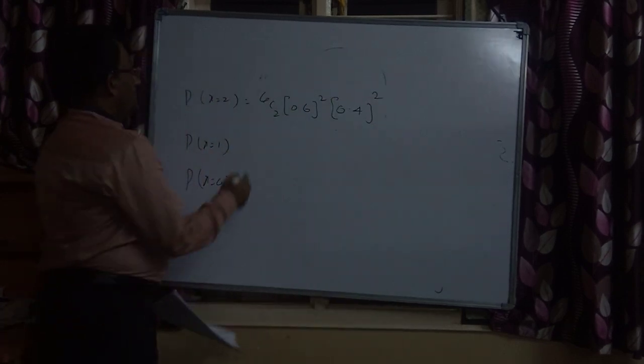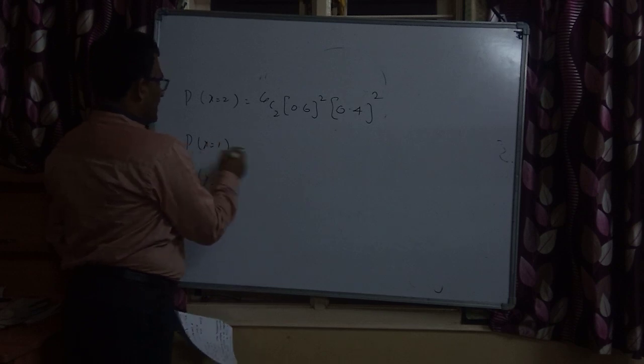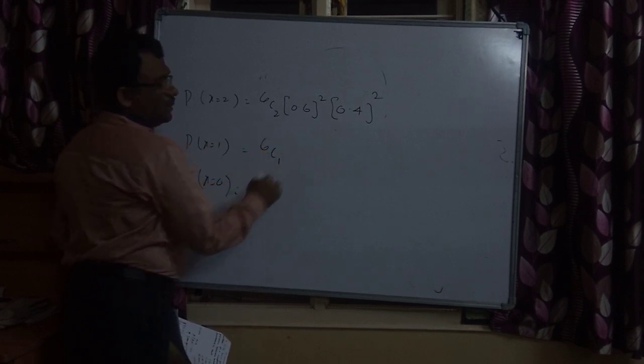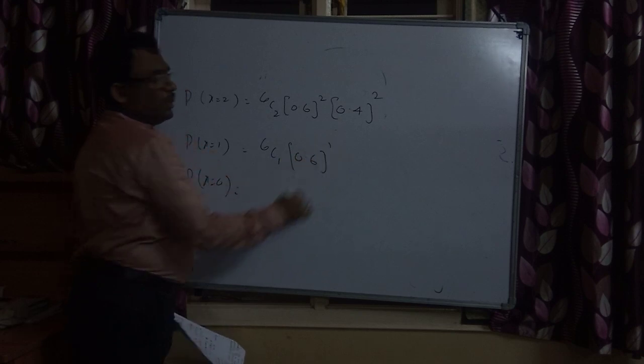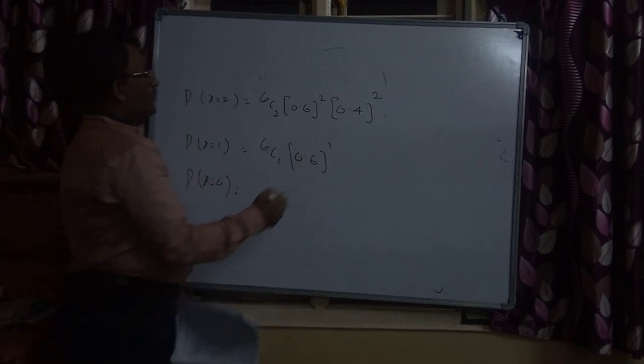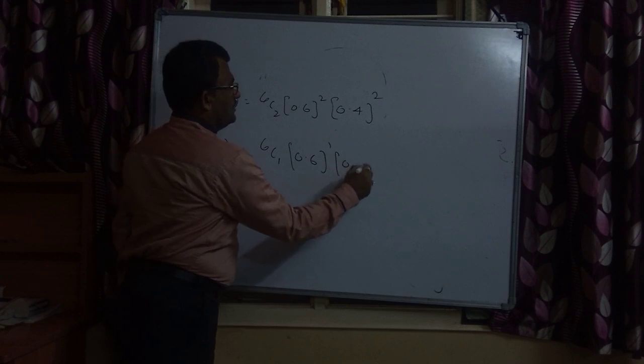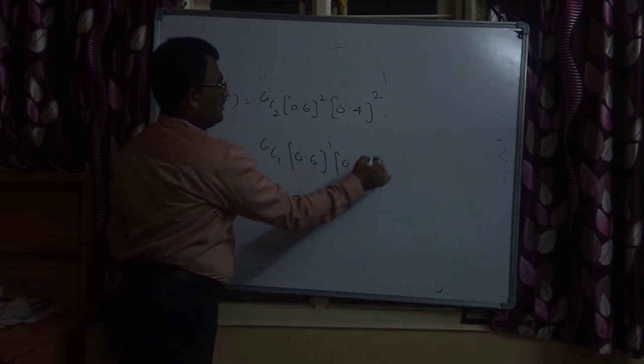Again for P of x equal to 1, 6C1, 0.6 power 1, 0.4 to the power of 6 minus 1, which is 5.